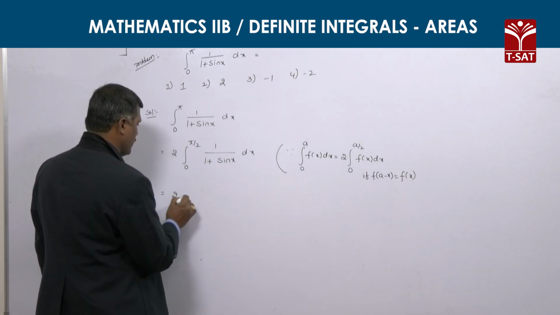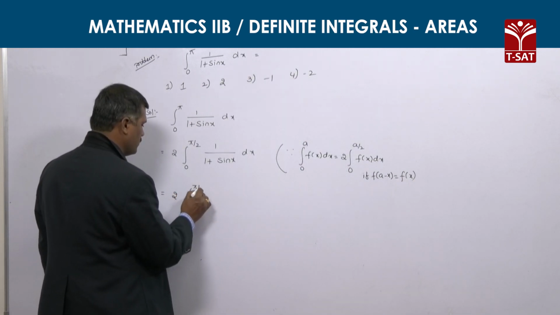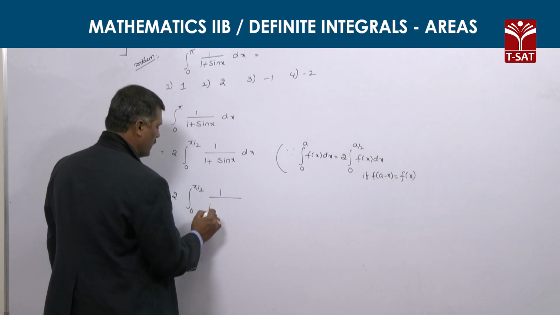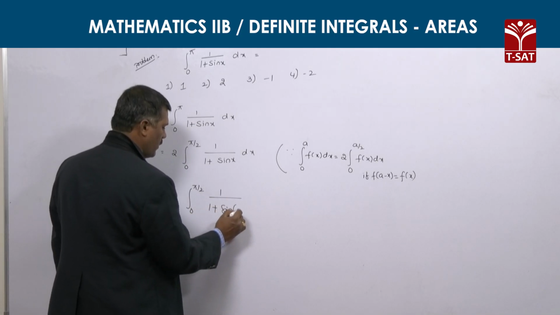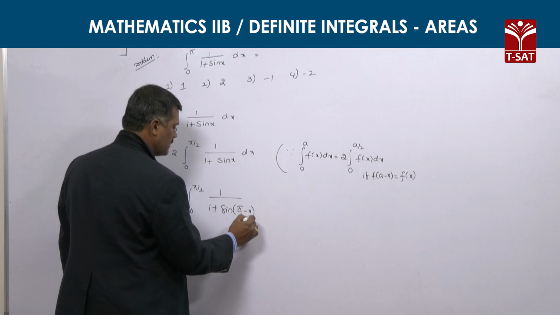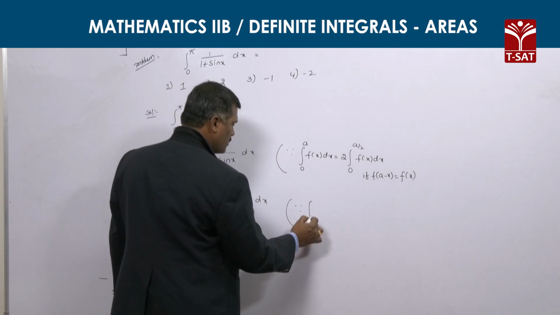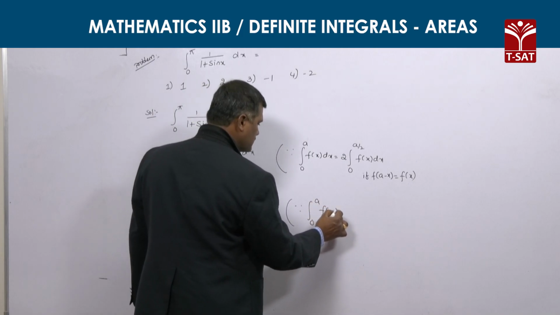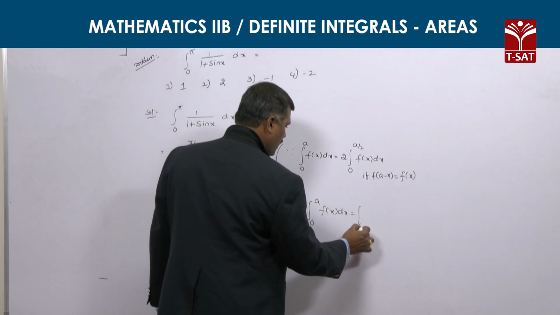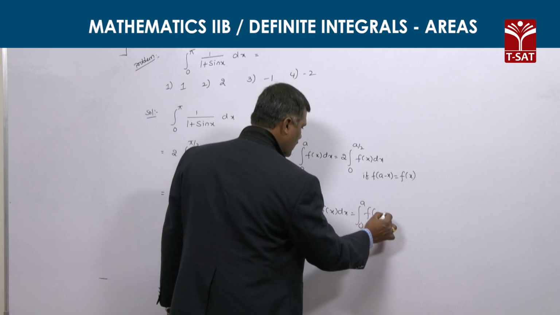That is equal to 2 into integral of 0 to pi by 2 1 by 1 plus sin of pi by 2 minus x dx. Integral of 0 to a f of x dx is equal to integral of 0 to a f of a minus x dx.